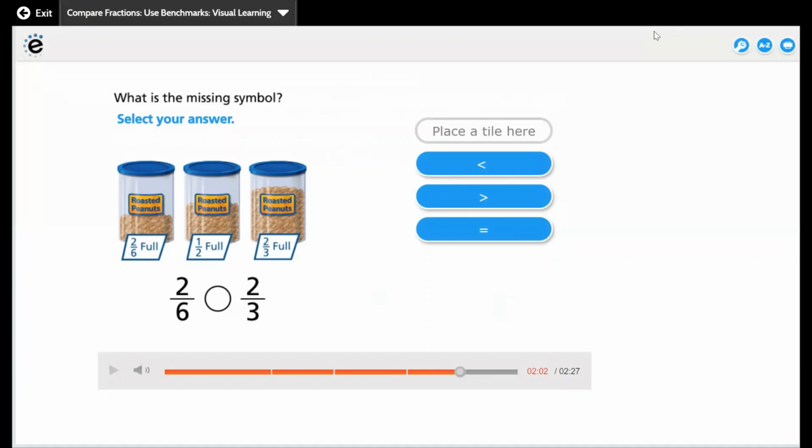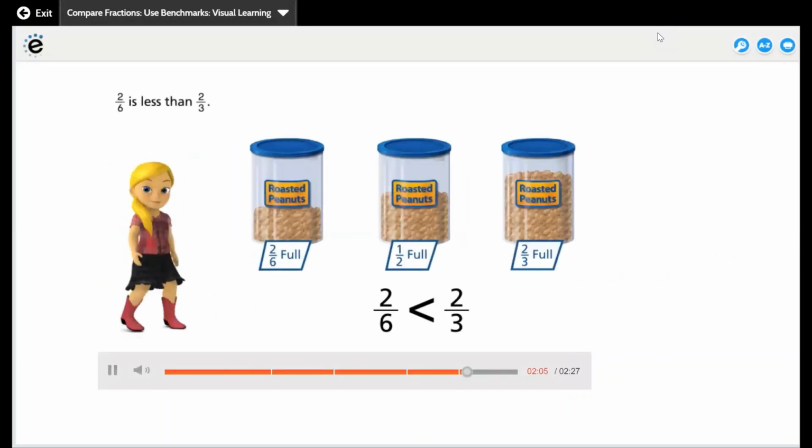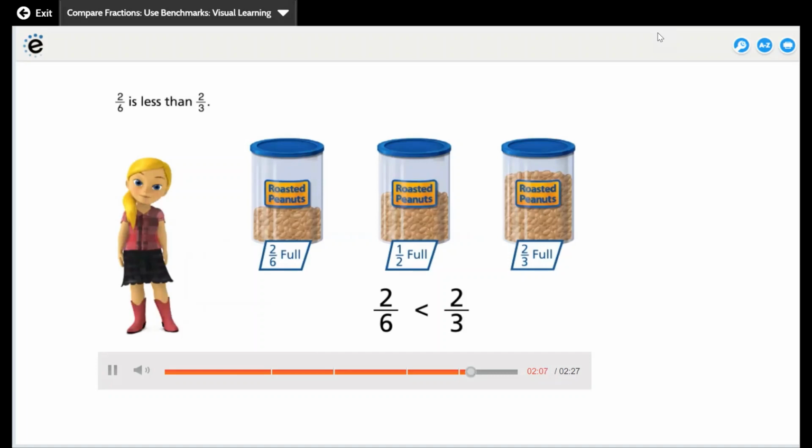So here, as a conclusion, 2/3 is greater than 2/6. It means the crocodile will eat the bigger number. 2/6 is less than 2/3.